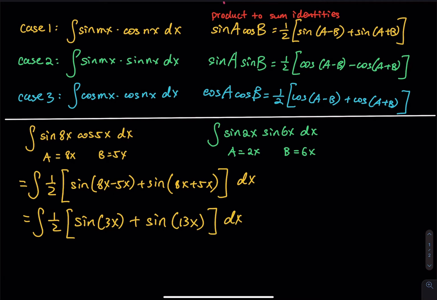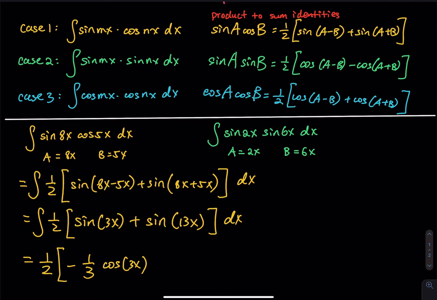Now we are ready to integrate. We keep the 1/2 in there. The integral of sine of 3x: the integral of sine is equal to negative cosine. I left some space for myself because there is a 1/3 in there. Why is there a 1/3? Because when you take the derivative of cosine 3x, that is equal to negative sine, so the negative becomes positive.